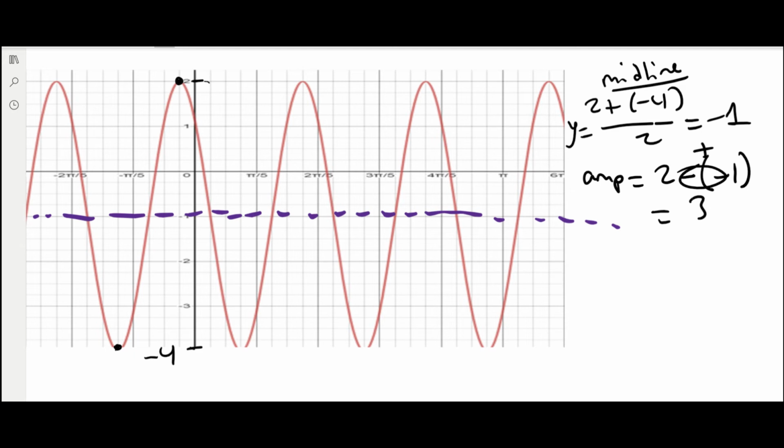We want a snake shape, right? You could choose any point, but you really want to choose a point where you can see one whole period of the graph where it's easy to tell.